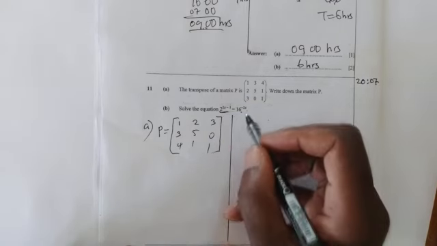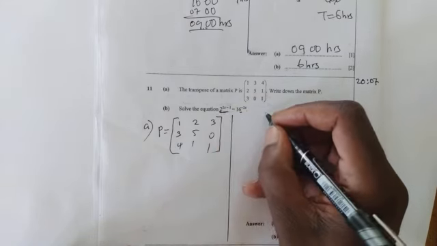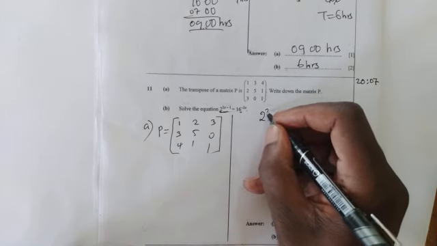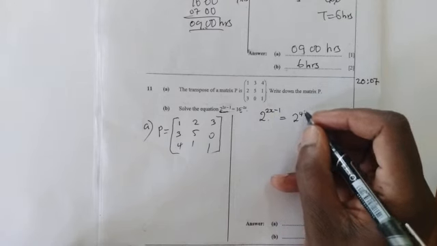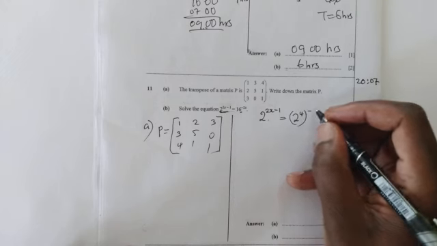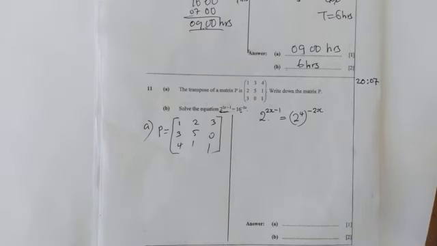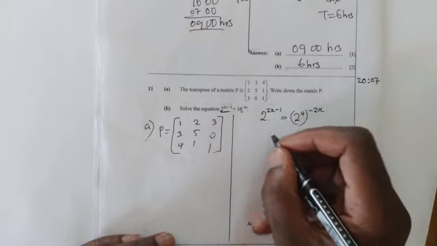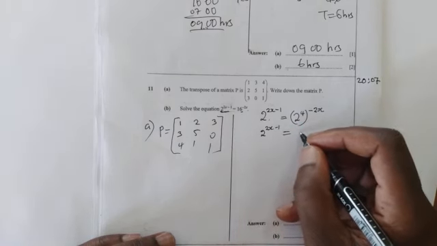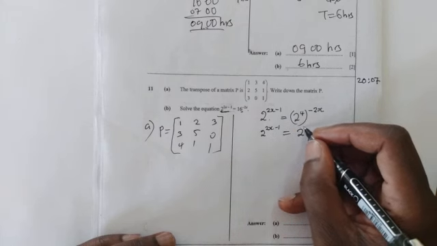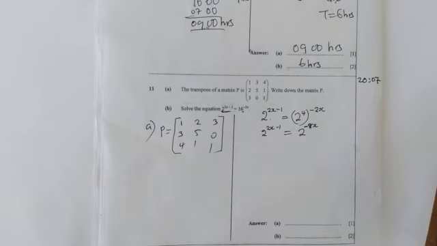So we write 16 so that we have the base 2. We have 2 to the power 2x minus 1 is equal to 2 to the power 4, since 2 to the power 4 is the same as 16. So 2 to the power 2x minus 1 is equal to 2 to the power negative 8x.